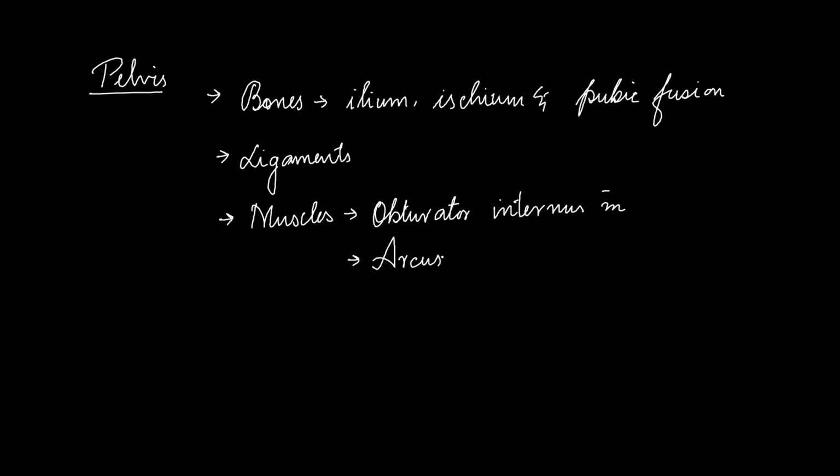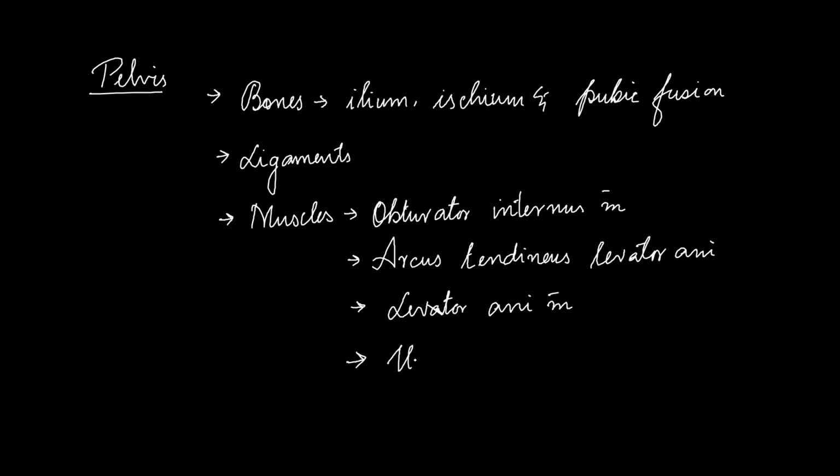I repeat, arcus tendinous levator ani. Or you can call it a white line. Next one is the levator ani muscle proper. And lastly, we have urethral as well as anal sphincter muscles.